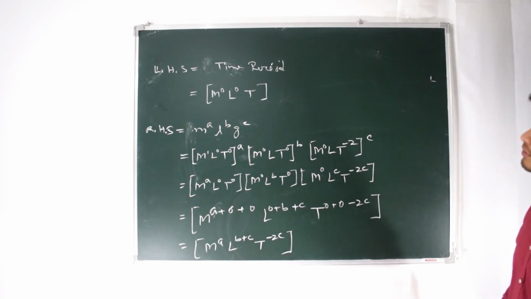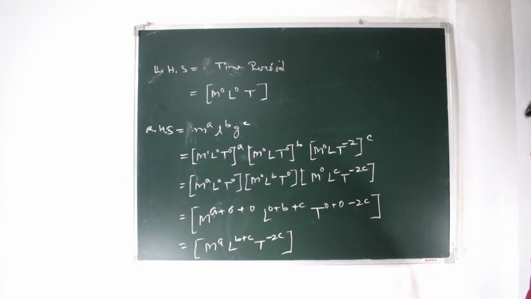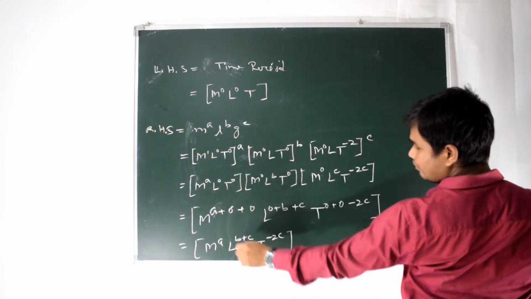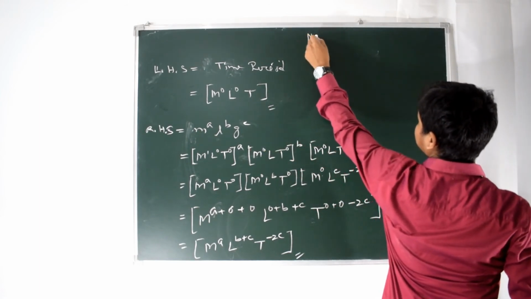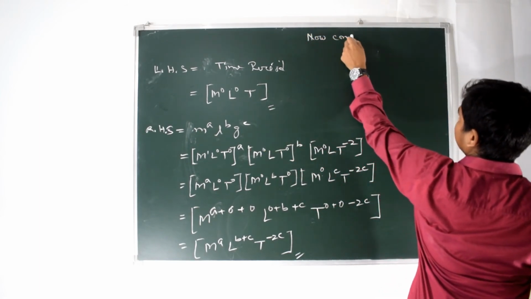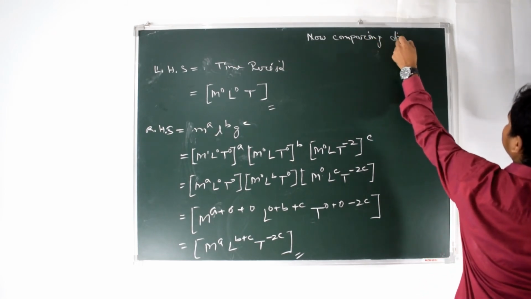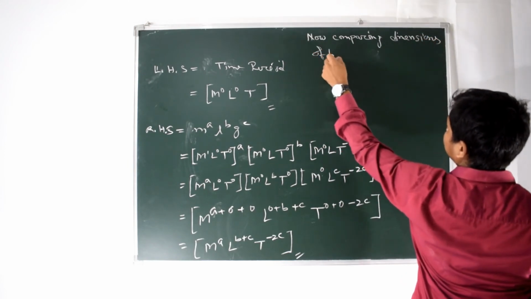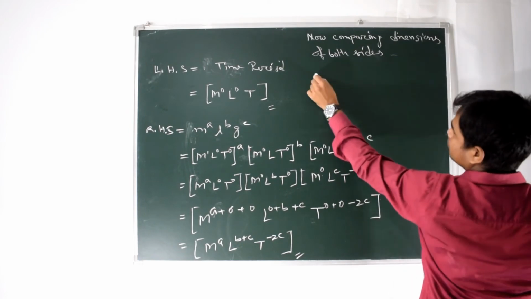These are the values. Clear? Now we have got this dimension in this form. Now, comparing the dimensions of both sides, what did we get?